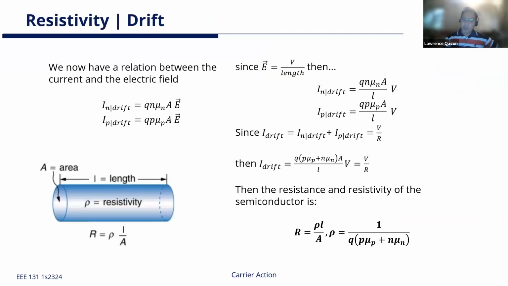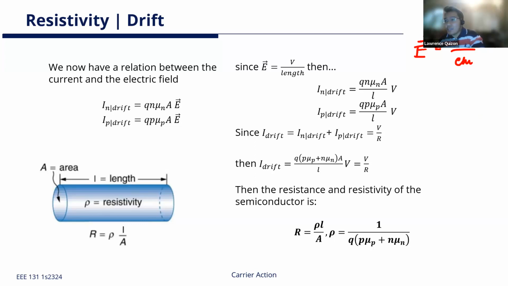So anyway, continuing on, we can measure resistivity now, no? Since we've been talking about an electric field, how do we create an electric field? We apply a voltage across a specific length, no?